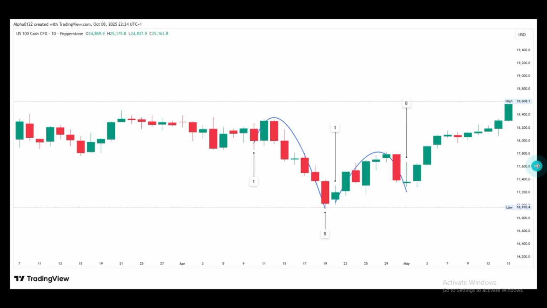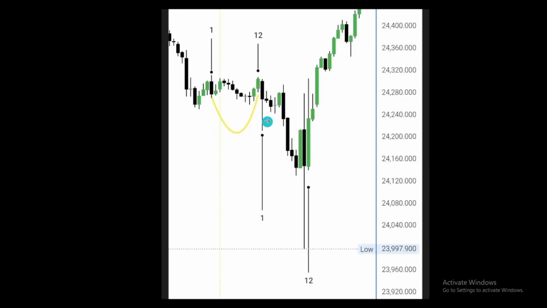All right. So the next one is the upward arc. As you can see, as the name implies, it has an upward kind of structure. One key important thing is that you always have to make sure that they occur within fair value gaps, even though sometimes they don't. But the point at which they occur is known as the region of choppiness or consolidation, and they usually have a lot of movements within them.